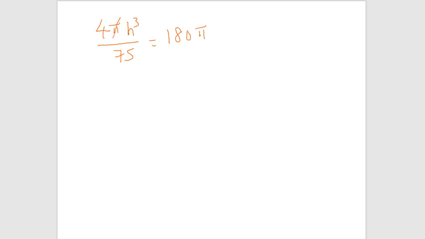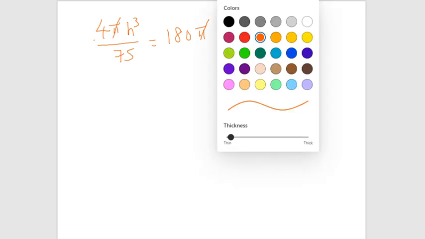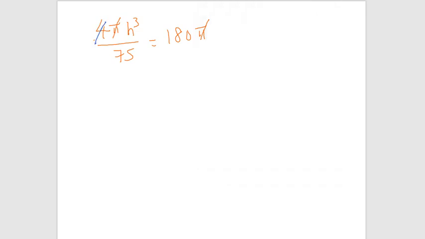You can cancel pi, and divide by 4. 4 and this one cancel, equal 45. So h cubed will be 45 times 75. 45 is 9 times 5, and 75 is 3 times 25.